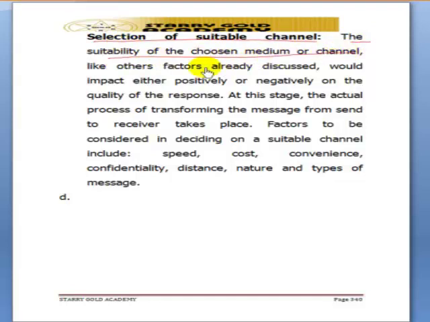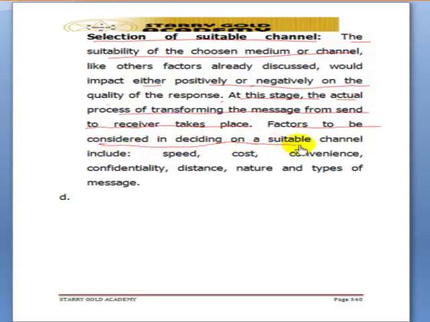The suitability of the chosen medium or channel, like other factors already discussed, will impact either positively or negatively on the quality of the response. At this stage, the actual process of transmitting the message from sender to receiver takes place.